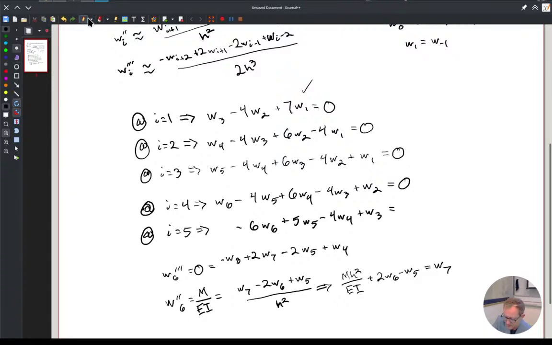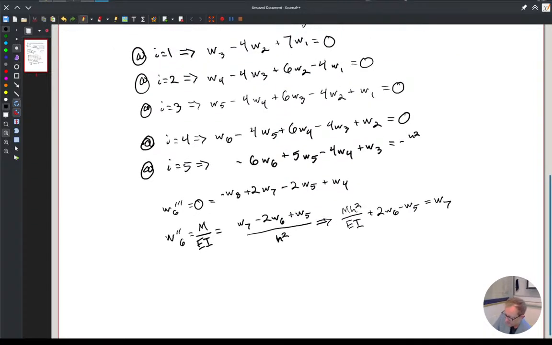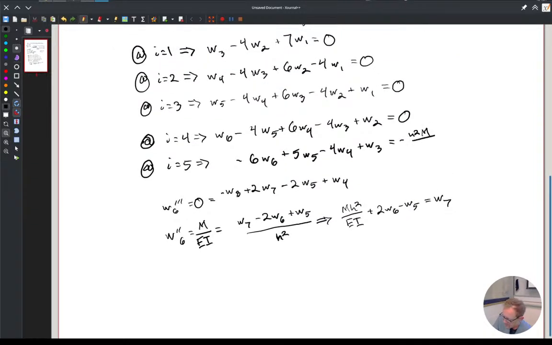It's equal to a negative h squared M over EI, like that. Finally, our last equation is at I equals 6.